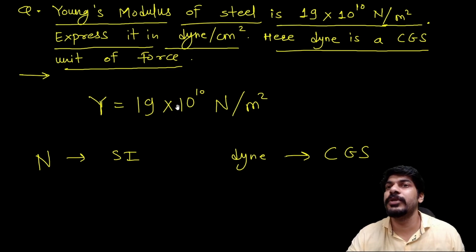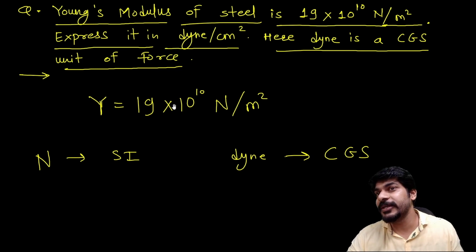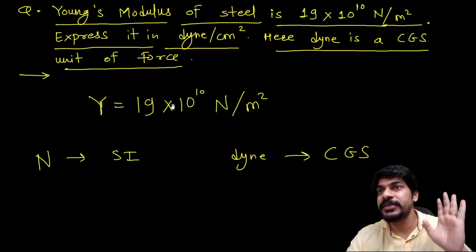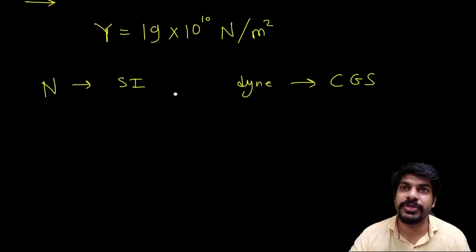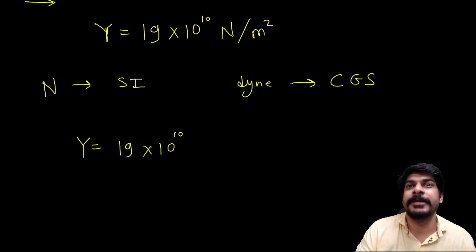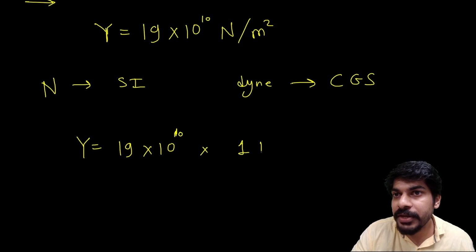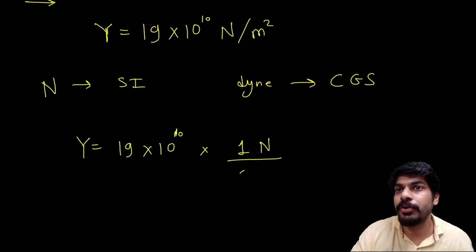And this way we will be able to find out the Young's modulus in dyne per centimeter squared. So the question is simple. See, y is given, it is 19 into 10 raised to 10, right? We can write this as 1 Newton upon 1 meter squared, right?